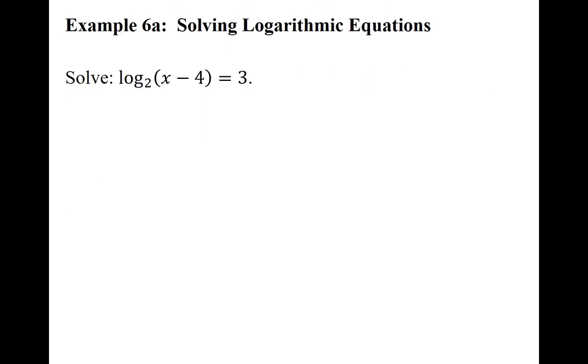So let's solve log base 2 of x minus 4 equals 3. Well, the base is 2, the exponent is 3, and that'll be equal to x minus 4.